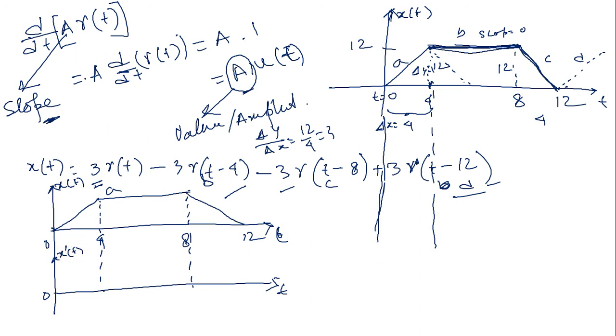This slope, after differentiation, becomes the amplitude of u(t). So here it is, say, 12. You might think the amplitude of the step signal created after differentiation is 12, but it is not. The amplitude is the slope of the signal.